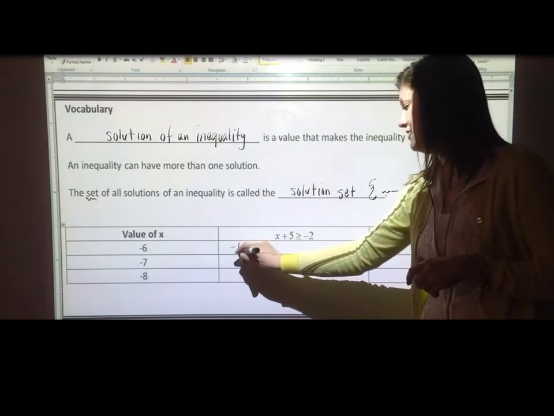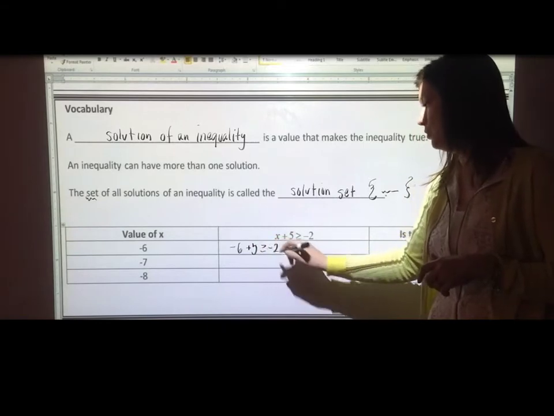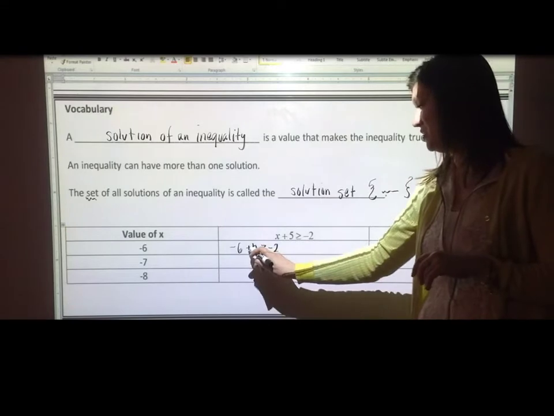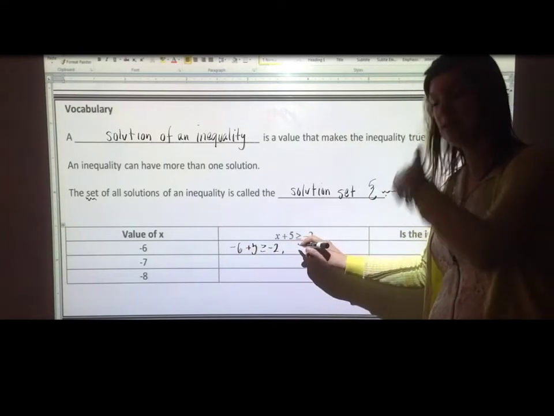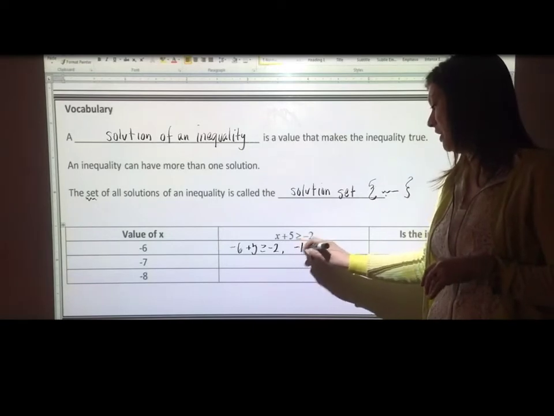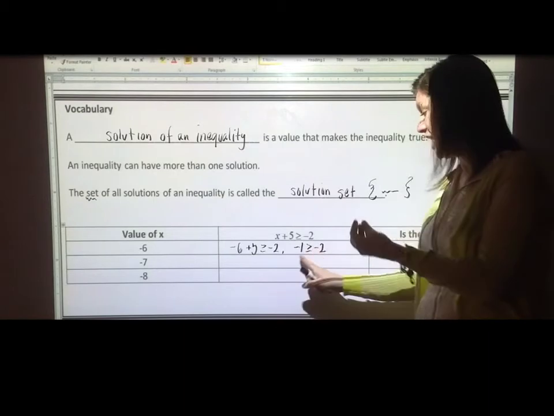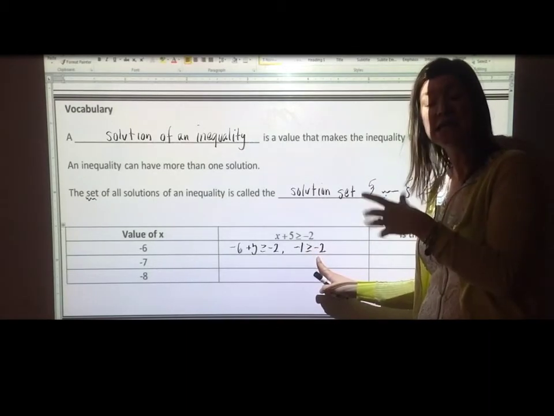So we get negative 6 plus 5 is greater than or equal to negative 2. Well, we're going to simplify the left side, because we can now. Negative 6 plus 5 gives me negative 1 is greater than or equal to negative 2. Now that the left side and the right side are as simplified as I can, I have to check this comparison to see if it's true.